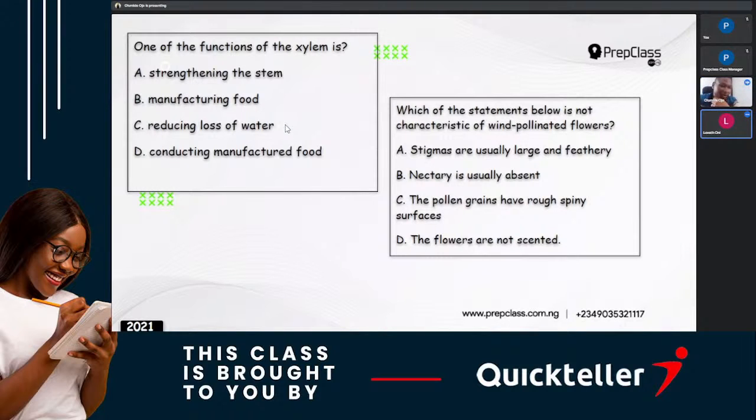Today we'll be doing biology, and this is the second class for biology. The question that we'll be solving today is on roots, stem, leaf, internal structure of mammal, modes of nutrition. We have autotrophic and heterotrophic types of nutrition, plant nutrition.